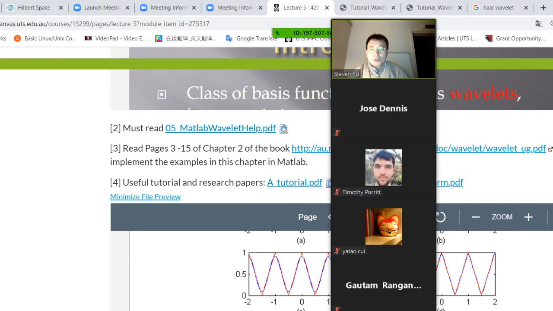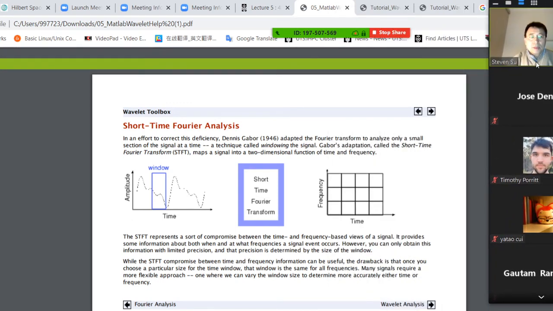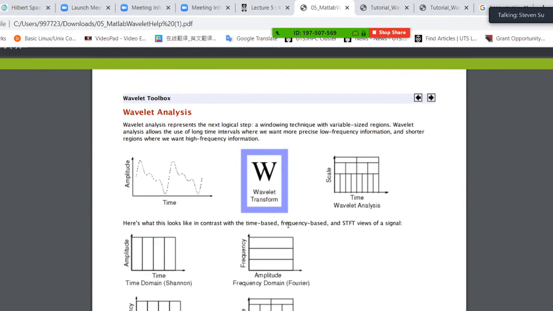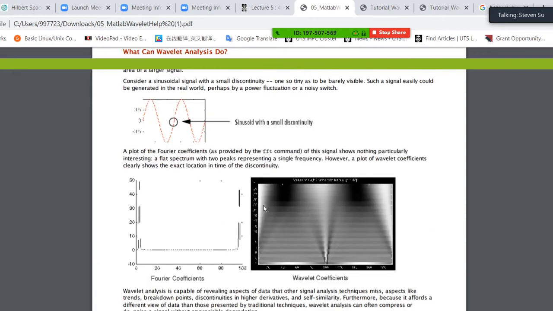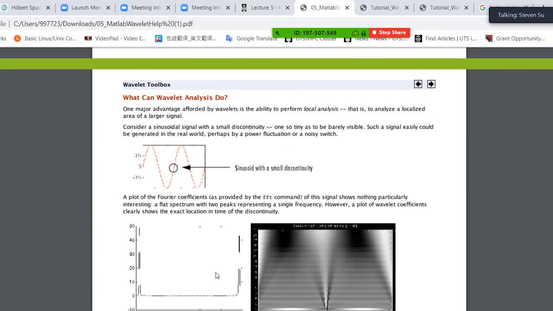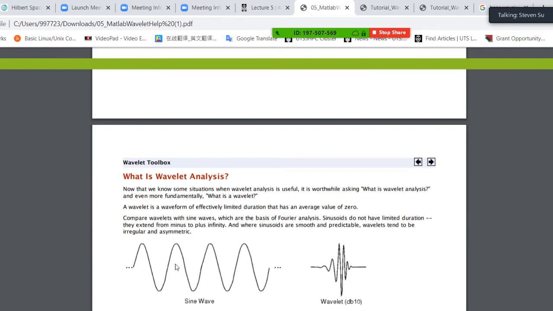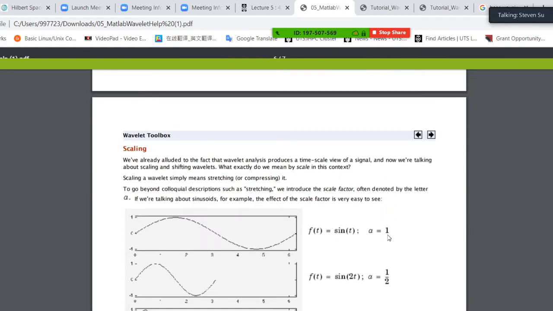You should read this one, which talks about short-term Fourier analysis and wavelets, and how to jump from the short-term Fourier transform to wavelets. It also introduces why wavelets are good. If there is a small discontinuity, a high-frequency component, you can see the wavelet can catch it exactly. They explain what wavelet analysis is quite well, so you should read this part.